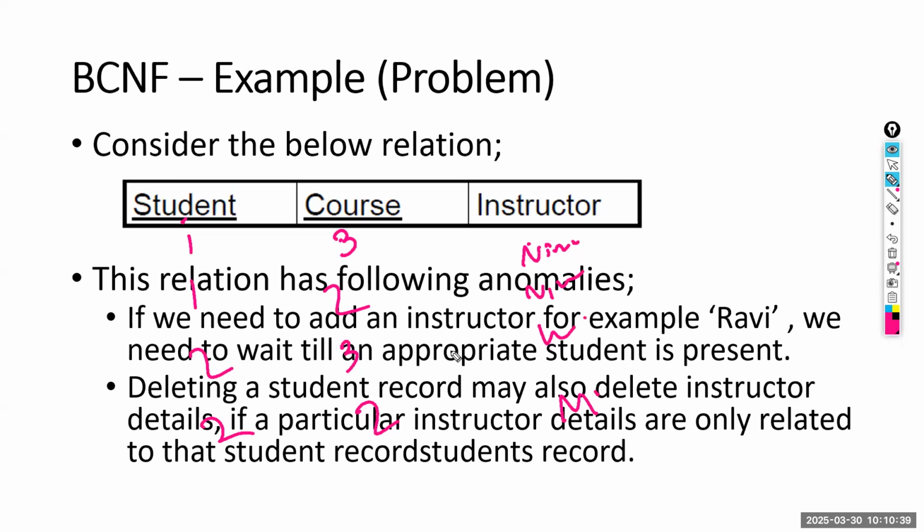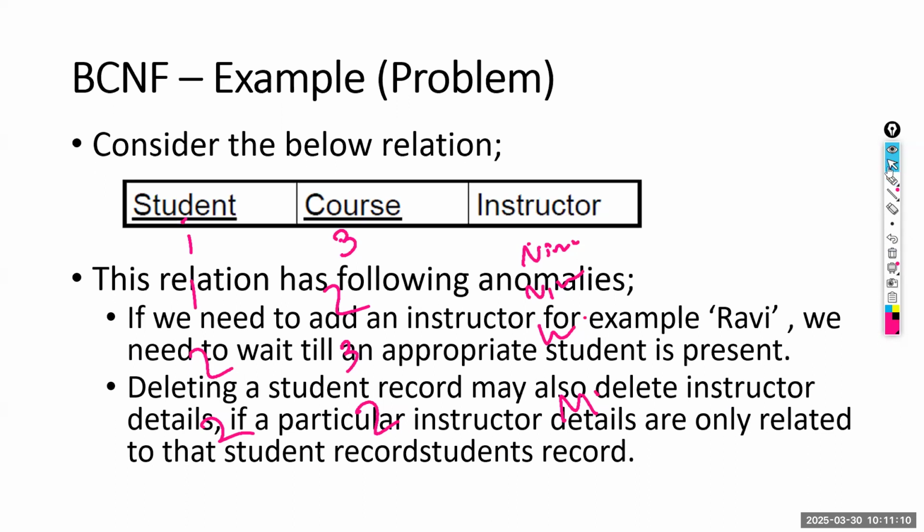Now, what is bad about this? The obvious issue is that if there is an instructor who is not assigned to any student, then there is no information about that instructor, because the instructor's name appears only in a student and course combination. So an instructor who has not been assigned to any student has details that are not anywhere.